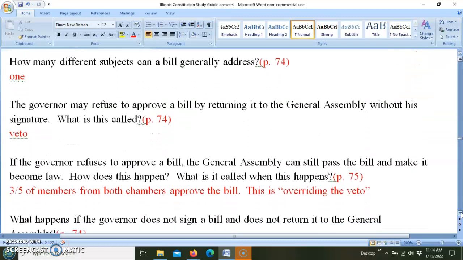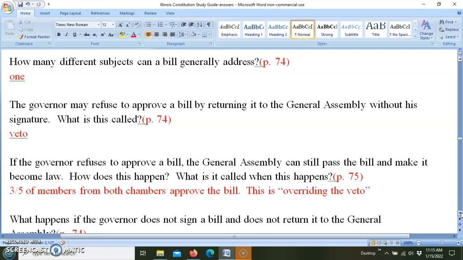If the governor refuses to approve a bill, the General Assembly can still pass that bill and make it become law. How does this happen, and what is it called when this happens? So the way this works, if the governor vetoes a bill, again, he sends the bill back to the original chamber where the bill originated. The governor, by the way, must also state the reasons that he objects to the bill. Why is he vetoing it?